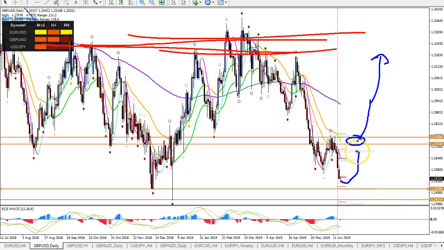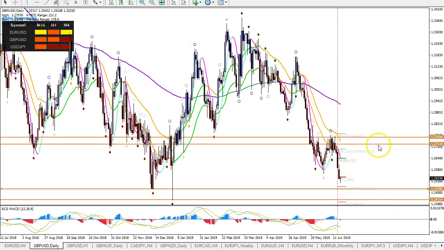Otherwise, as long as it stays below that zone, still could be bearish. In fact, even if it doesn't make a bear flag, but moves a little bit more aggressively, could still be a bearish spot for a downtrend continuation. So yes, keeping an eye on the 4-hour chart for a bear flag or a pullback and bounce for more downside for the moment. Unless it breaks above this zone, then expecting more upside.